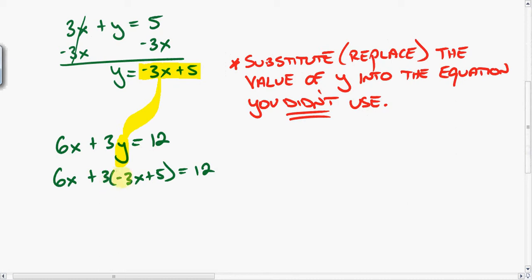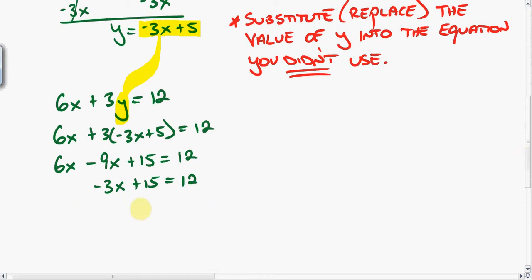So the first step is the distributive property. I'm going to distribute in this 3. So I get 6x minus 9x, because 3 times negative 3 is negative 9. 3 times 5 is 15, equals 12. 6x minus 9x gives me negative 3x plus 15 equals 12.